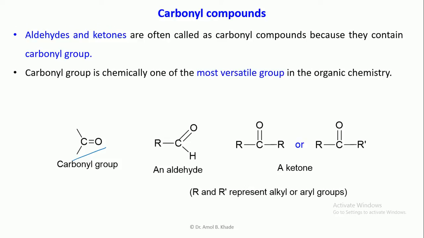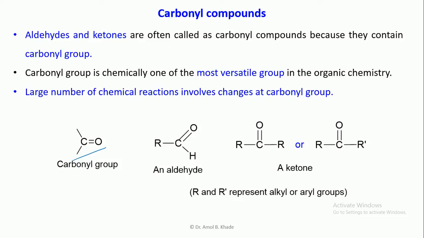The carbonyl group is chemically one of the most versatile groups in organic chemistry. The reason is that we can find many organic reactions where this carbonyl group is converted to some other functionality. There are a large number of chemical reactions which involve changes at the carbonyl group, and that makes carbonyl compounds a very important class not only in organic chemistry but also in pharmaceuticals.